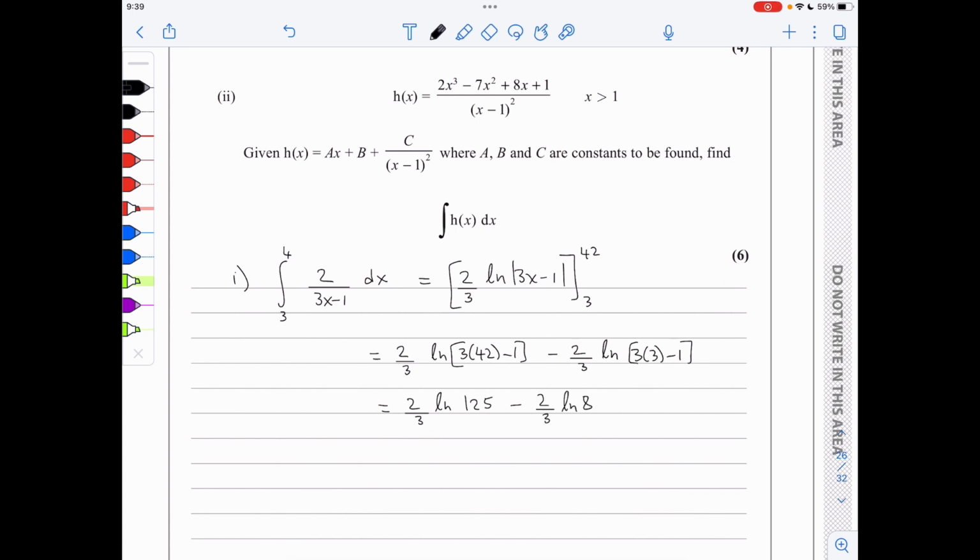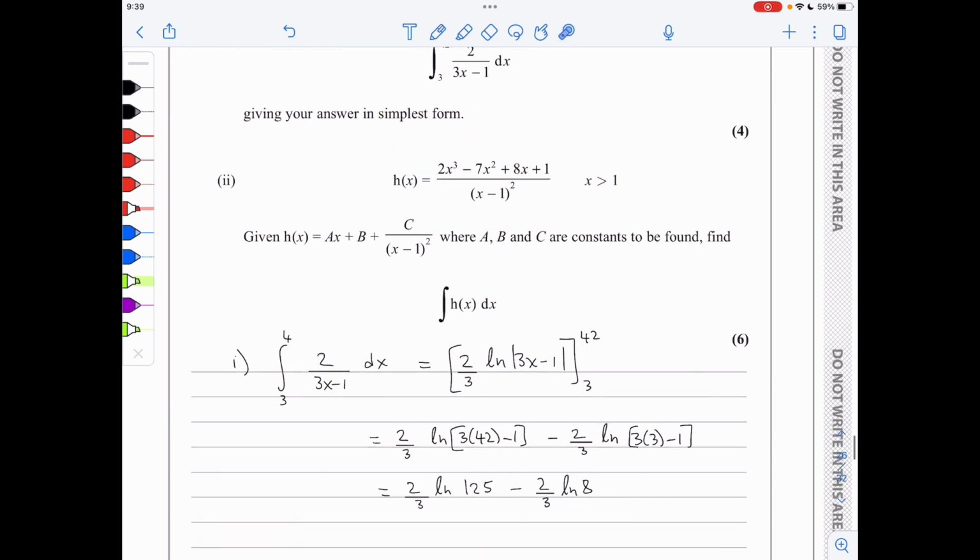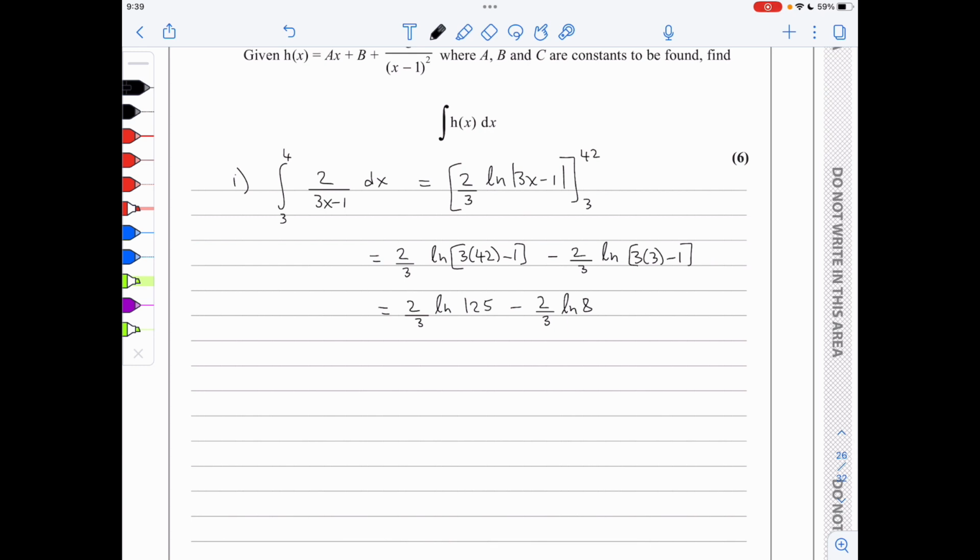So we need to give our answer in its simplest form, so we're not yet done. I can see that 125 is ln of 5 to the 3 minus 2/3 ln of 2 to the 3. So the 3 can come down. It's 2 over 3 times 3 ln 5 minus 2 over 3 times 3 ln 2.